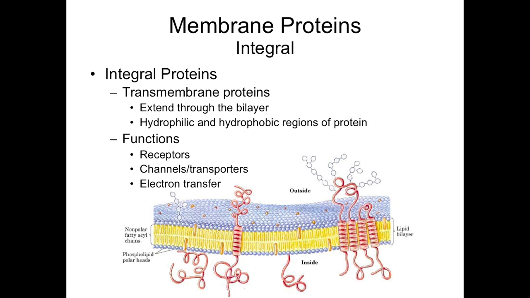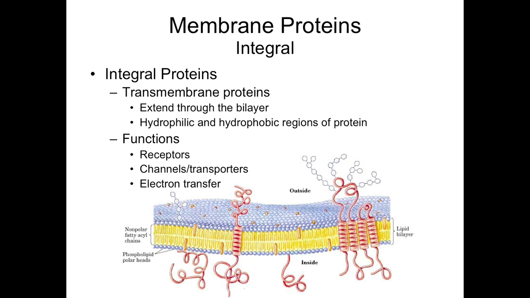Integral proteins often span the entire membrane, and you can call those transmembrane proteins. So a transmembrane protein has a non-cytosolic domain, a cytosolic domain, and a membrane spanning domain. Usually those membrane spanning domains are alpha helices, but they might be something else. You can also have integral membrane proteins that only span one monolayer. They're embedded only within a single monolayer. I don't have a picture of that here, but we'll look at that again in a minute.